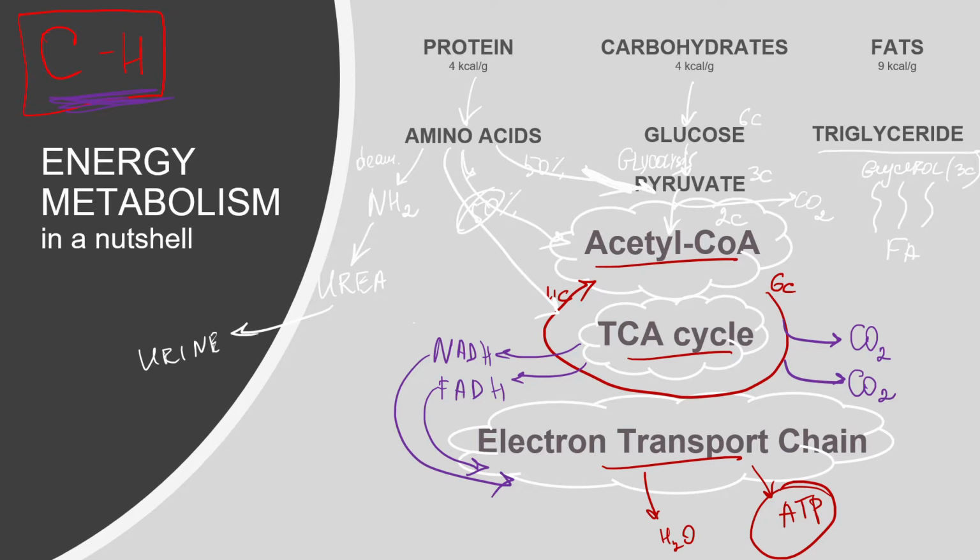These triglycerides are split into glycerol and fatty acids separately, and each of them has its own pathway. Glycerol, being a 3 carbon molecule, is converted directly to pyruvate, while fatty acids are converted into many acetyl-CoAs via the process called beta oxidation.